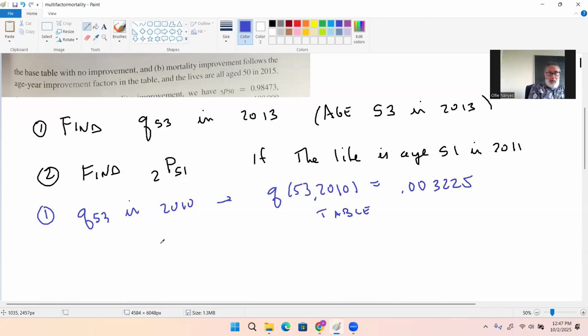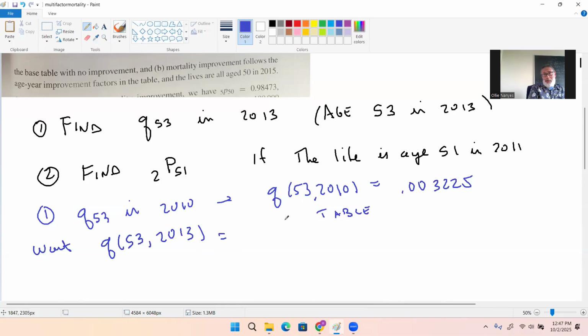However, what we want is the same mortality for the same age in 2013. From 2010 to 2013, mortality has had 1, 2, 3 years to improve.